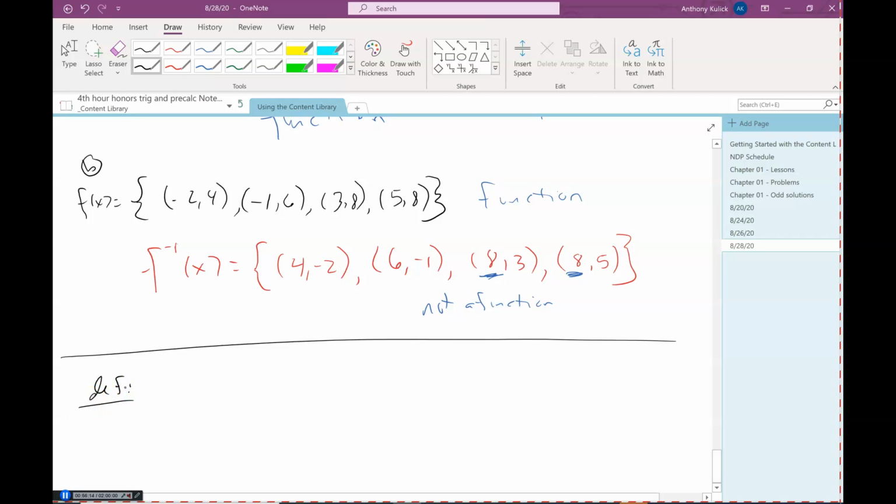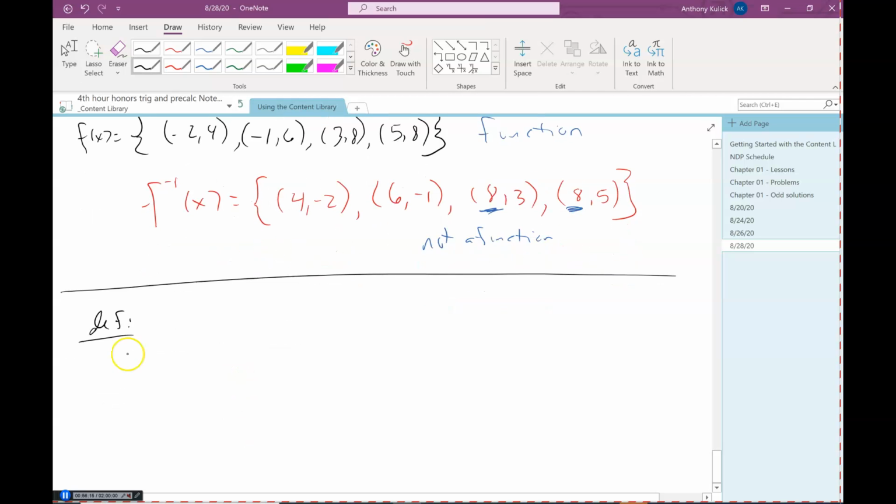So the first definition we're going to do is for a term called onto. And some places call onto surjective, depending on the textbook you're looking at. They're probably used in equal measure, those two terms.